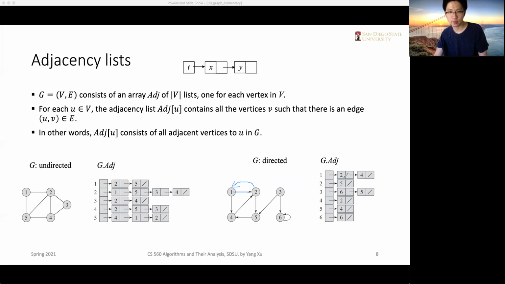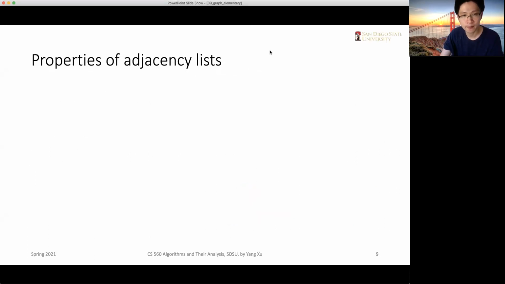That's why 1 and 4 don't exist in the adjacency list for vertex 2. So you can see this is a little bit different depending on whether the edges are directed or not.